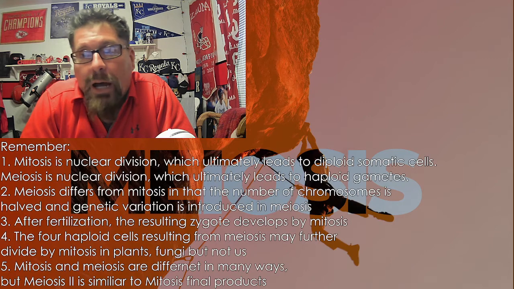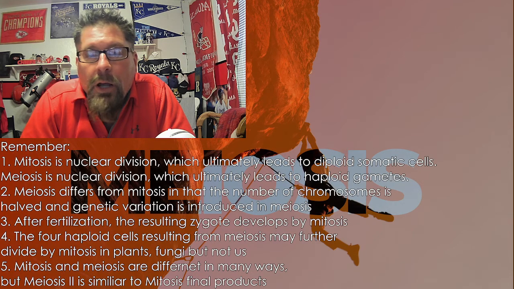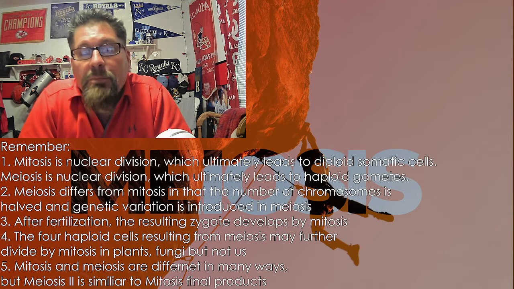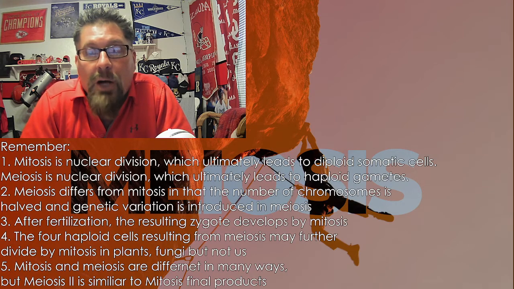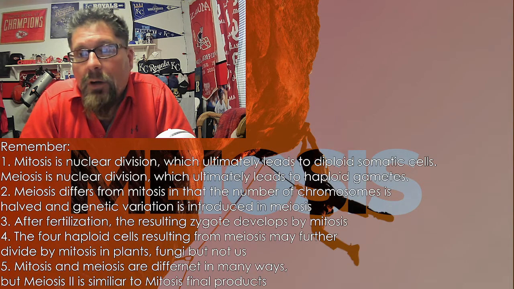The difference between haploid and diploid is that haploid is half of diploid, and remember that meiosis introduces genetic variation through processes like crossing over and independent assortment.